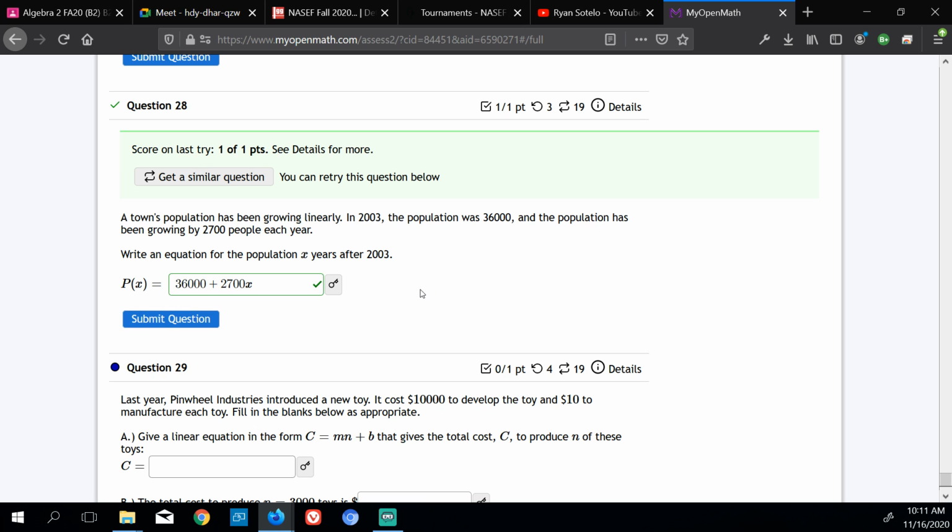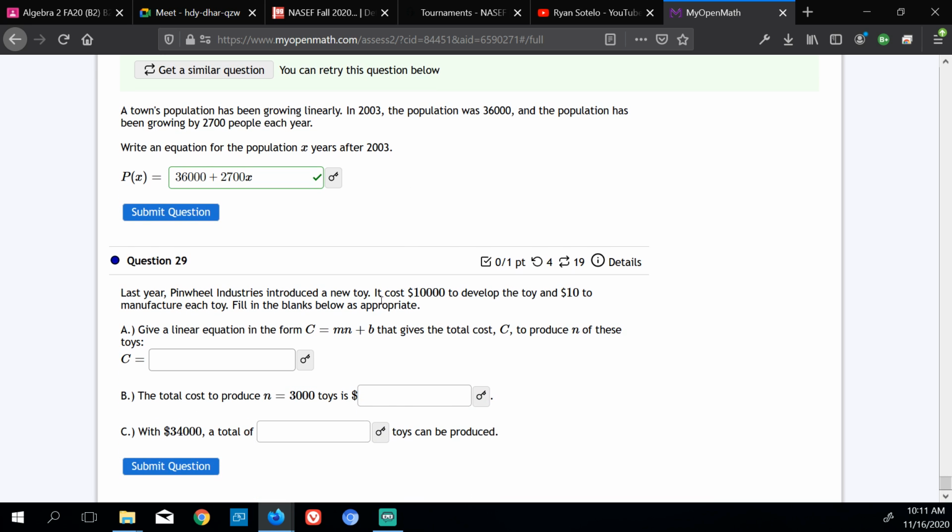All right, this next question is very similar. This toy company introduced a new toy. It cost them $10,000 to develop the toy, and then cost them $10 to manufacture each toy after that.